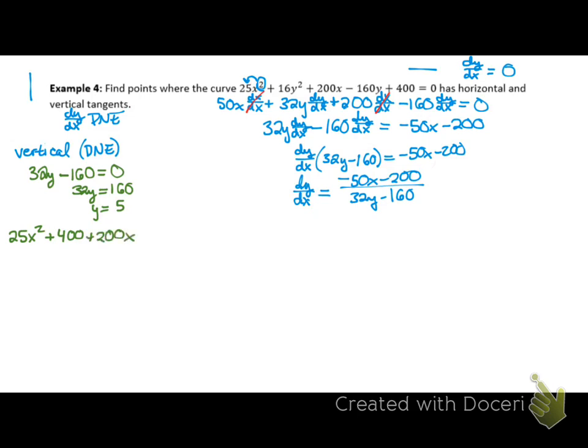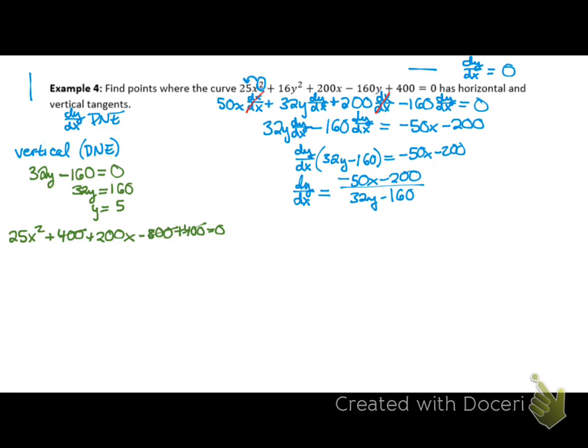Then we're plugging y in again for 160 times y, so 160 times 5 is negative 800, and then plus 400 equals 0. So now I'm going to simplify the numbers. 400 plus 400 minus 800 all cancel out, and we're left with 25x squared plus 200x.